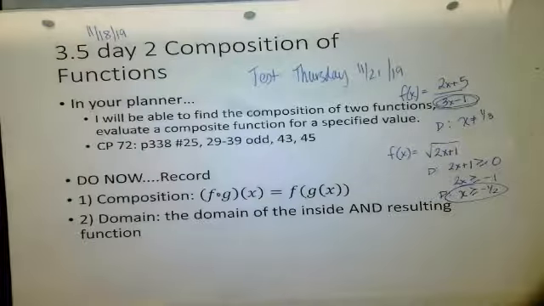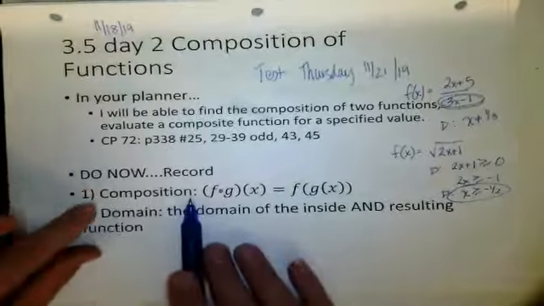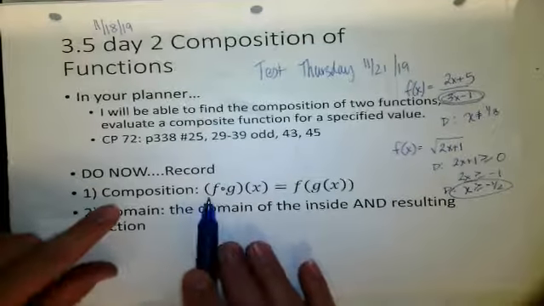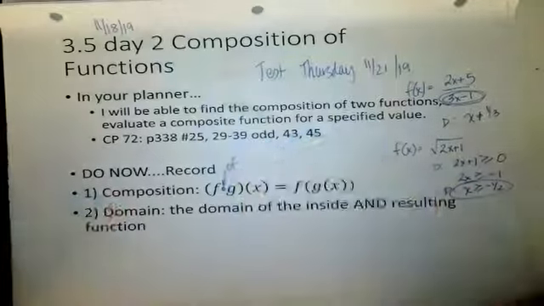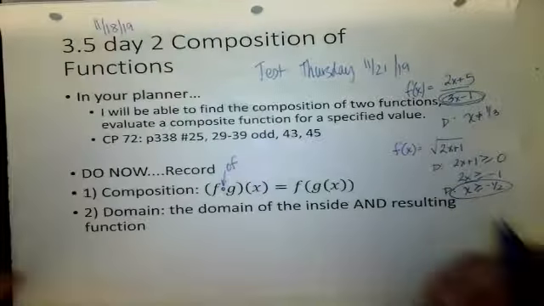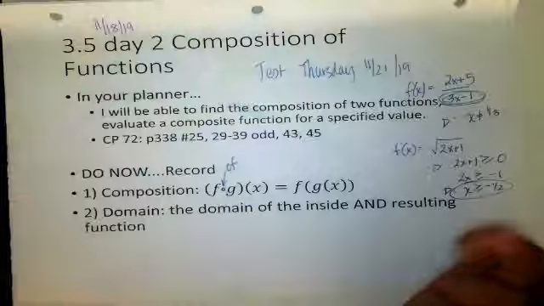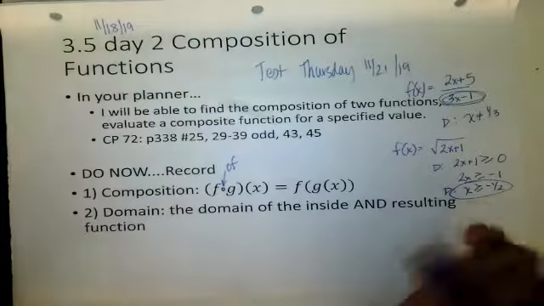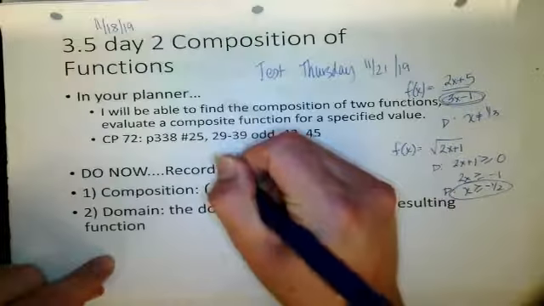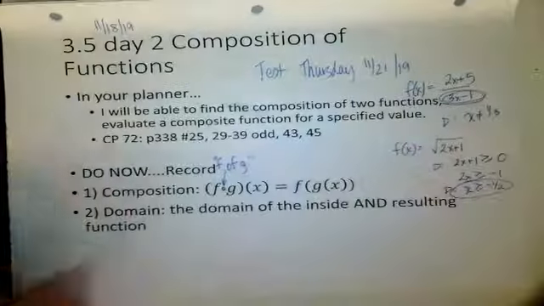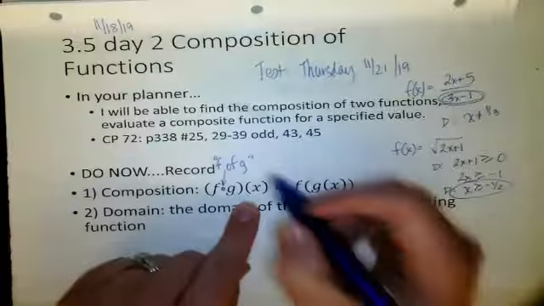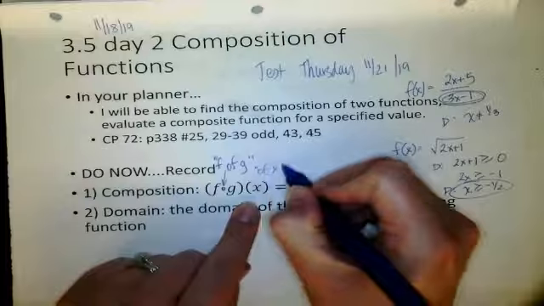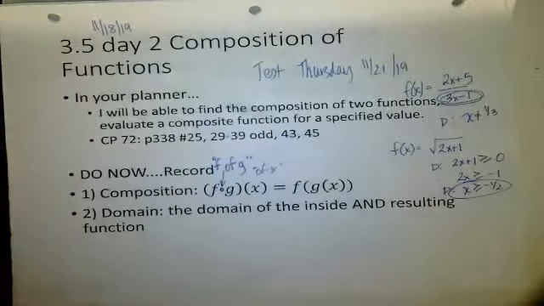Today, we have composition. So right now, you should have written these two things down. This is a composition of functions. This is read f of g, f of g. It's a little circle, all right? And we would literally say f of g. And then here I would read of x, or in terms of x.